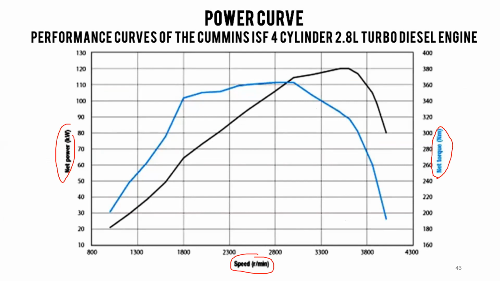Oh, okay. So the black line is indicating the left-hand side, which is the net power, while the blue line indicates the net torque. So this is just an example of the performance curve of the engine, or in this case, the 4-cylinder 2.8 liter turbo diesel engine.